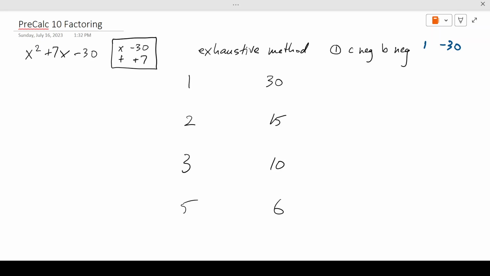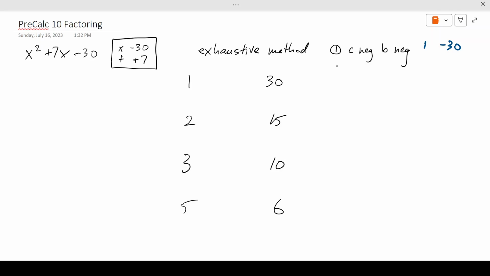Because going past 5, I end up with 6 and 5 again. I already have that. So this is the same setup as before. It will always be this setup when C is negative 30 or positive 30. And this time I want my integers to add to positive 7.